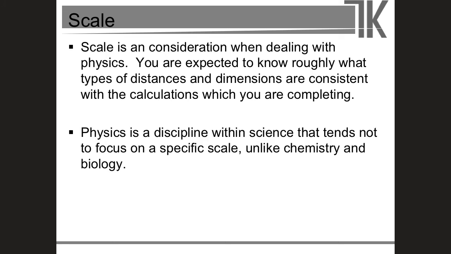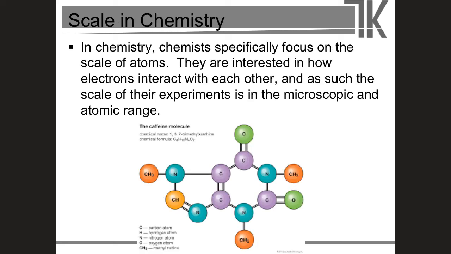And physics is a little bit odd in that sense because it's a science that doesn't really focus on a specific scale, which is completely different from the other big three sciences. In chemistry, mostly you focus on the scale of atoms. Chemists are interested in how electrons interact with each other and how the atoms interact with each other to form molecules.